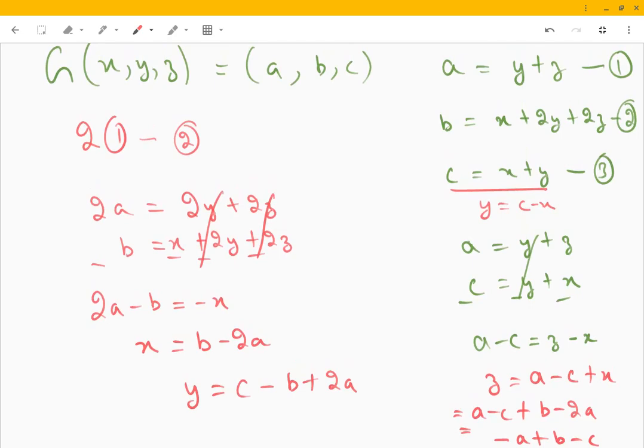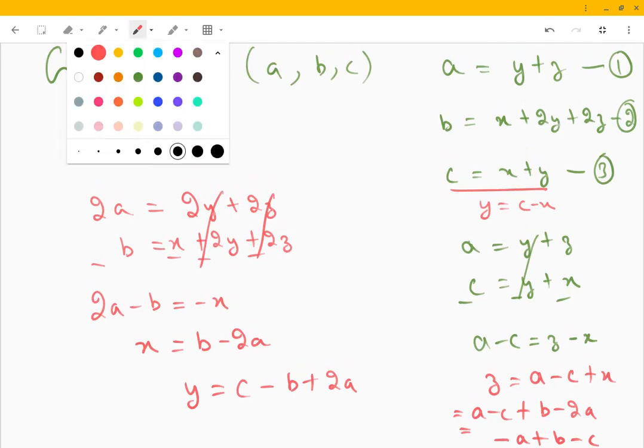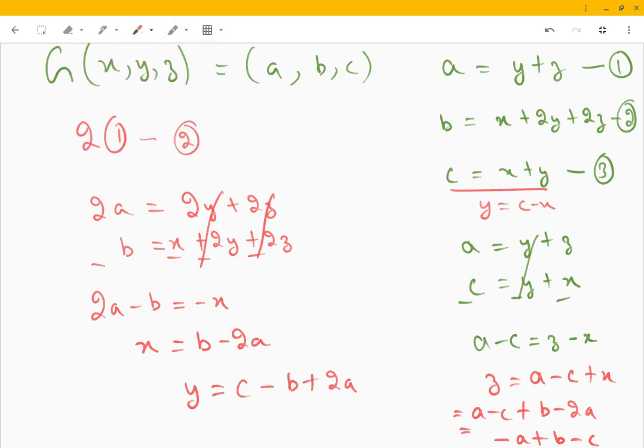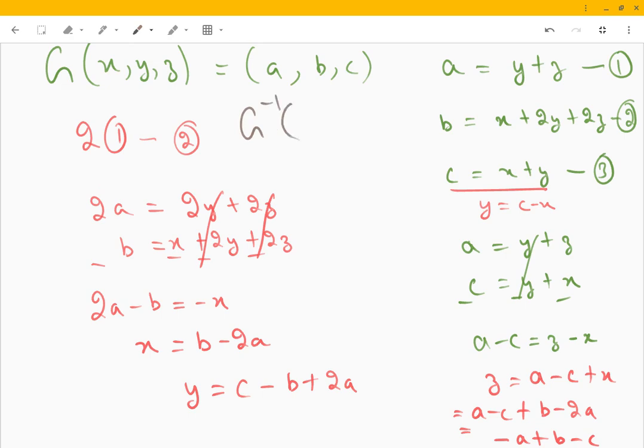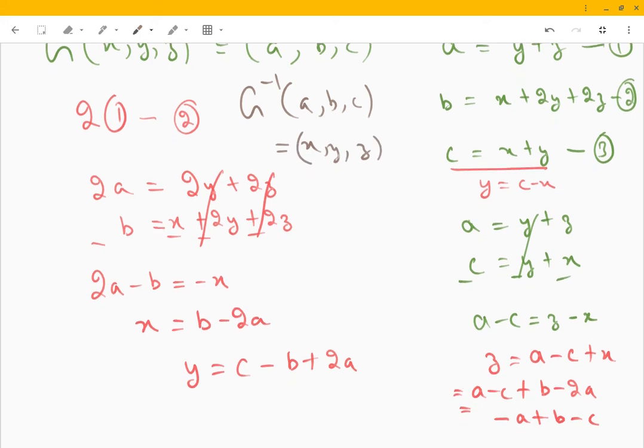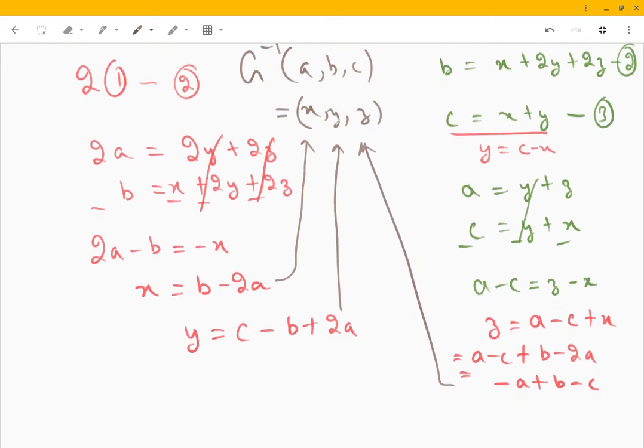So g of x, y, z is a, b, c. That means g inverse of a, b, c is x, y, z. And this is our inverse transformation.